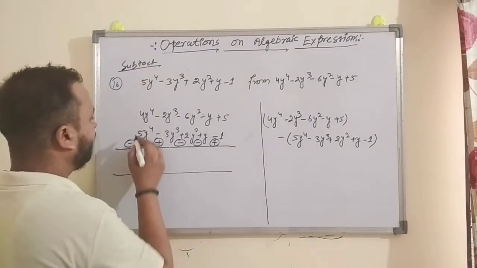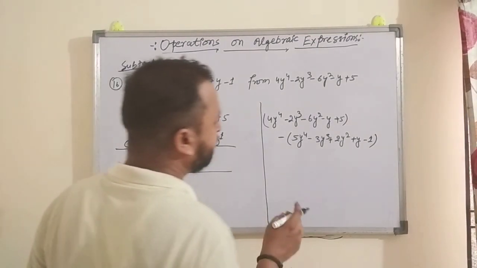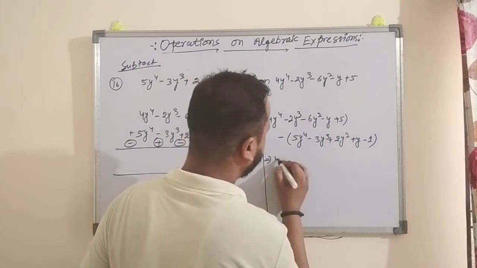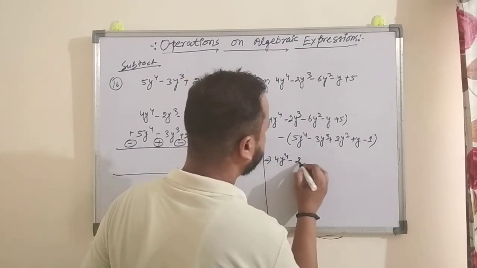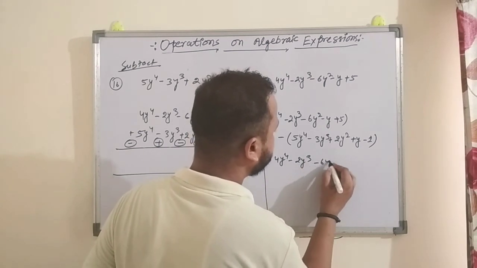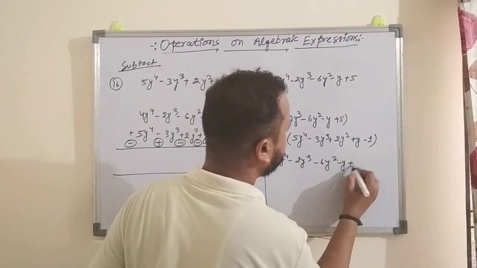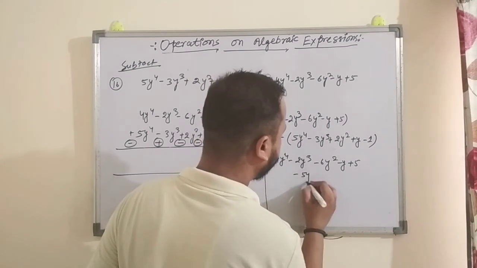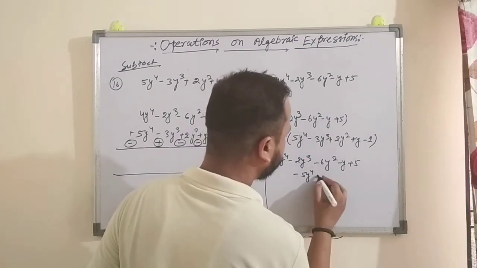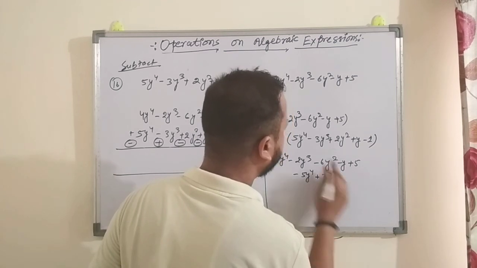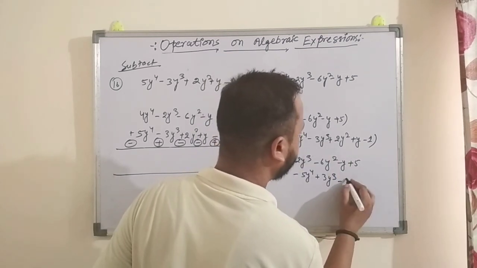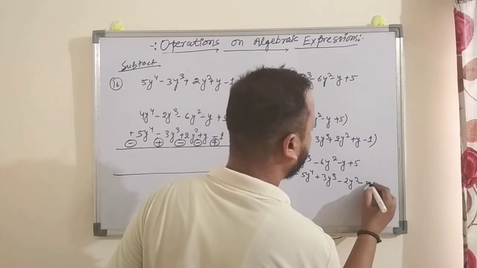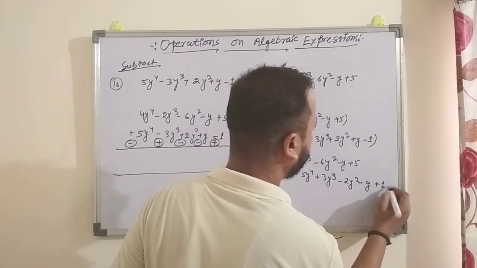Right? So if you open the bracket, what will you get? You will get 4y power 4 minus 2y cube minus 6y square minus y plus 5 minus 5y power 4 plus 3y cube minus 2y square minus y plus 1, right?